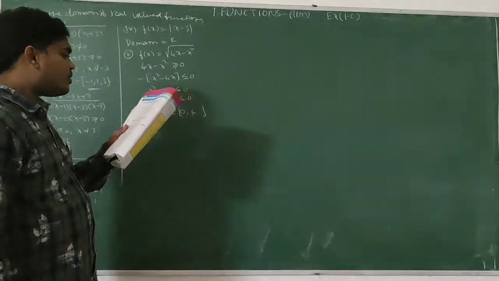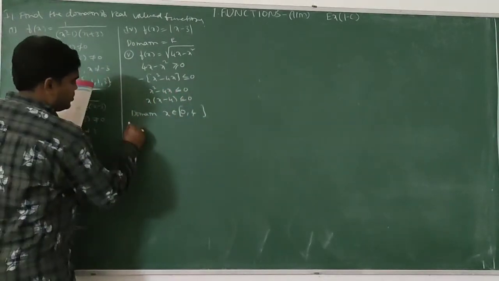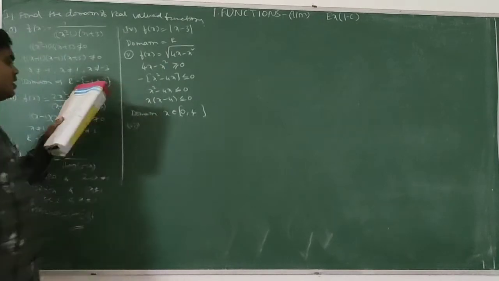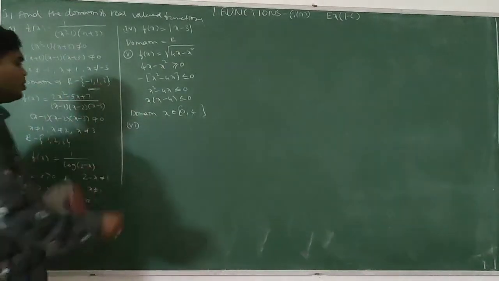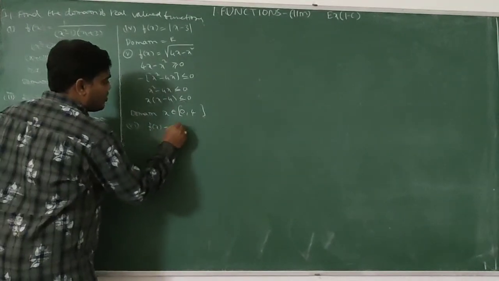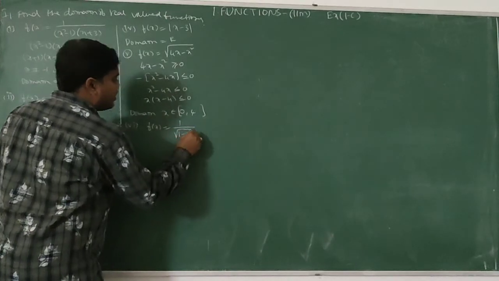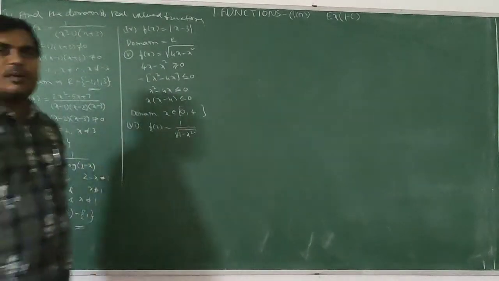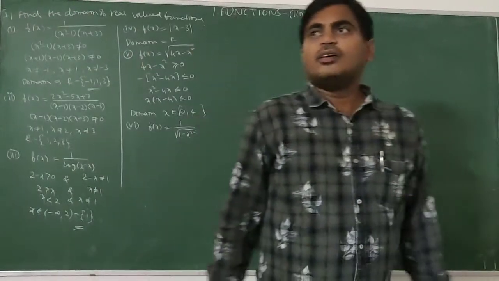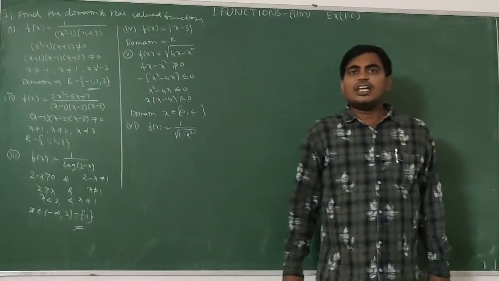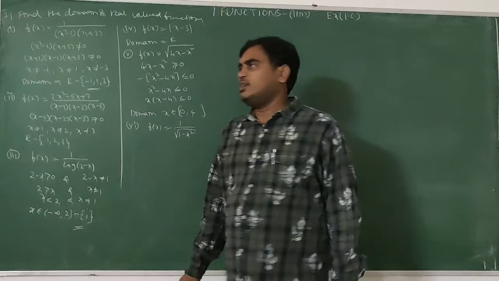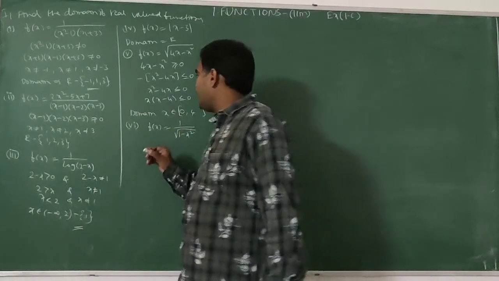Next, sixth question. f of x equal to 1 by square root of (1 minus x square). This is in the form of 1 by root g of x. So the condition is g of x greater than 0, because the denominator won't be equal to 0.